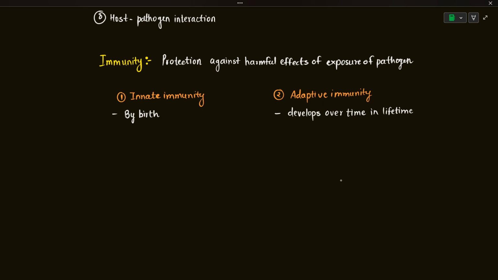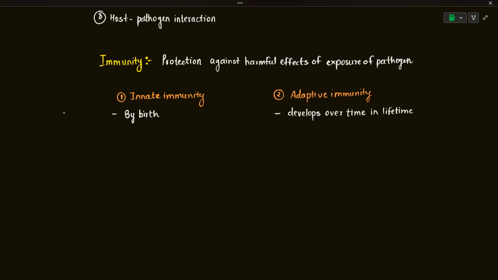It has learned about the chickenpox pathogen, and it is going to eradicate that pathogen even before it can cause harmful effects. So some things are from birth and some things are adaptive. The immunity that we have since birth is known as innate immunity, and the one which we develop over time is known as adaptive immunity.